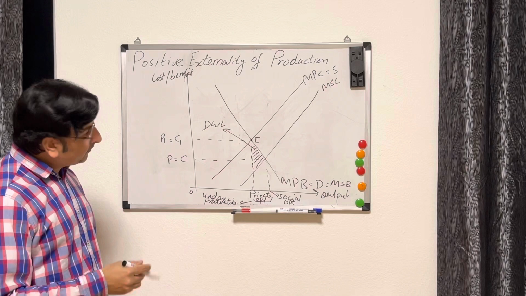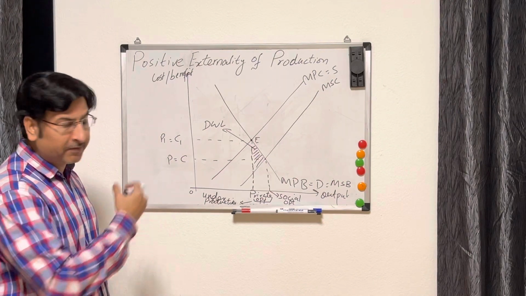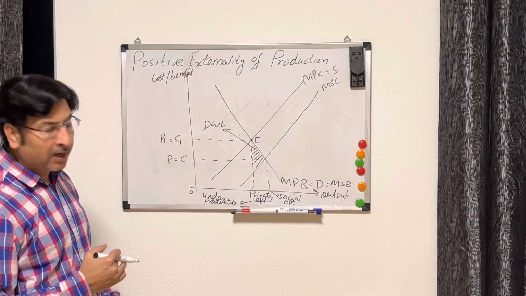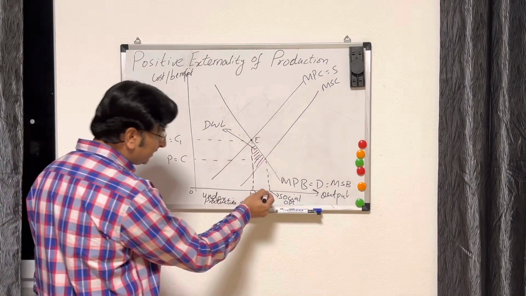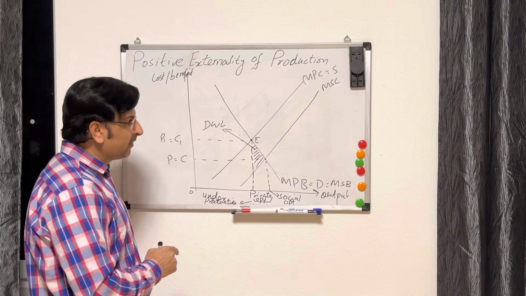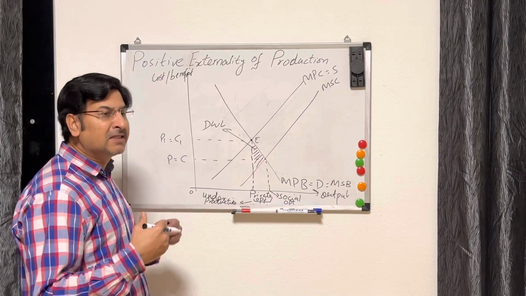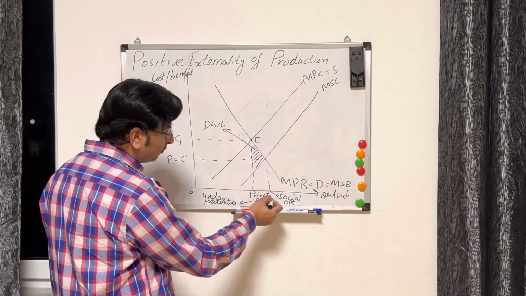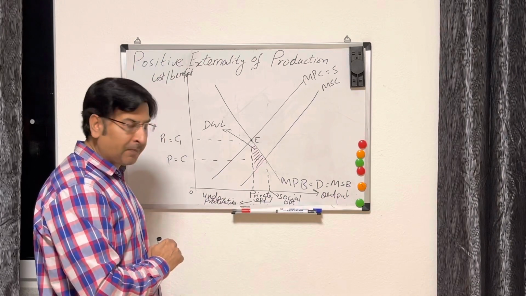And if we further go to the next part of this diagram and want to show how a country could achieve this level of output where the society is better off, then you need to provide some incentive to the private sector so it could produce the social optimum output level rather than the private optimum.